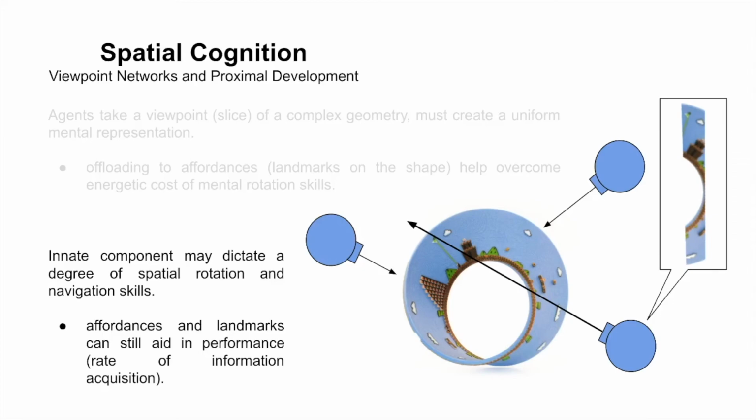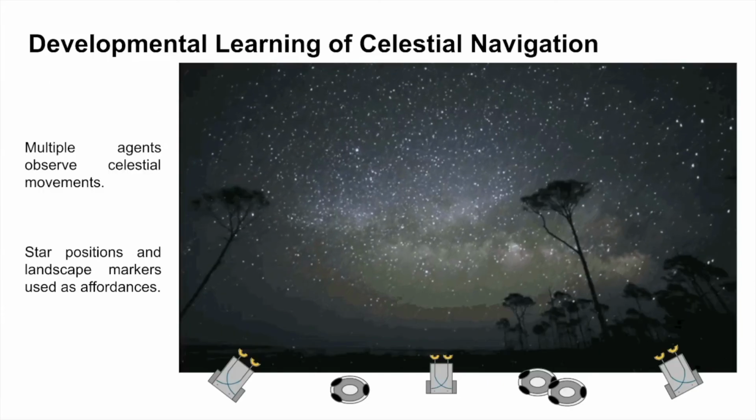You might be able to observe differences if you have differences in the innate component between agents, or look at the agents in terms of their fitness in this way. And so affordances and landmarks can still aid in performance, even if that's the case. This affects the rate of information acquisition that we talked about.